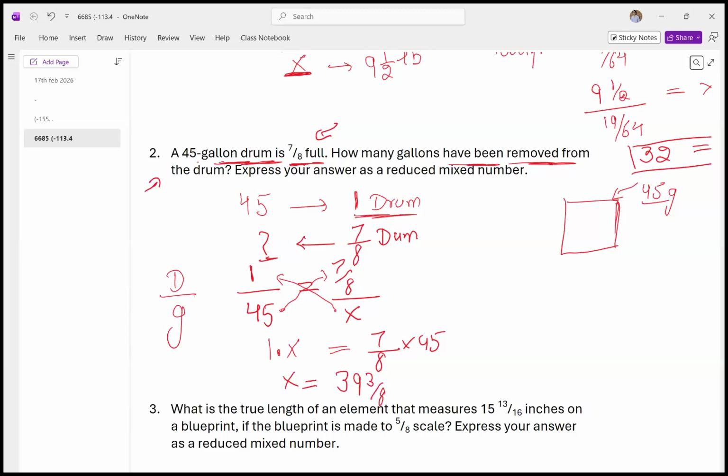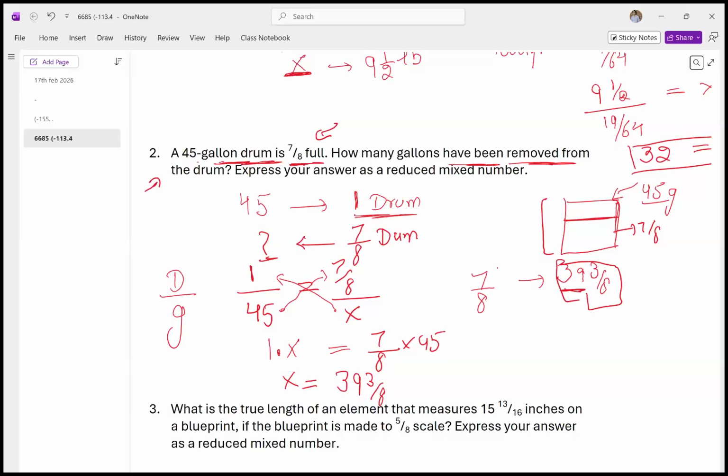So 7/8 of 45 is equal to 39 and 3/8 of a gallon.